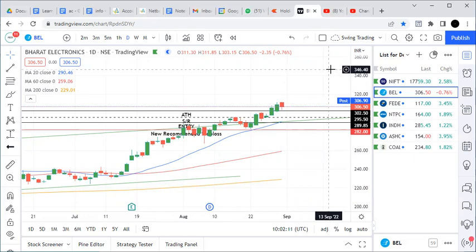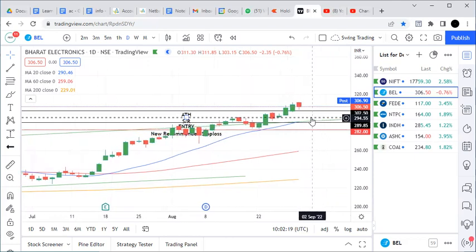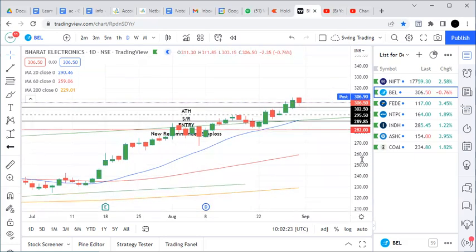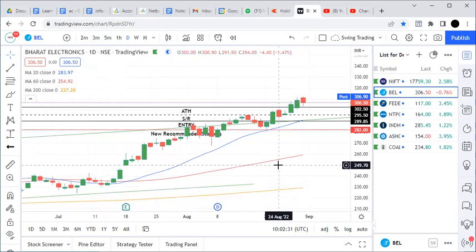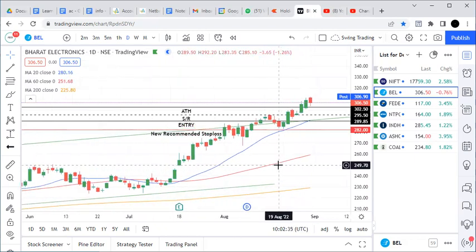Now, BEL seems to have all of the characteristics of one of those stocks that you could follow through like this. Why? Well, and this does not have anything to do with the company or the fundamentals of the company. This is entirely on the price action.